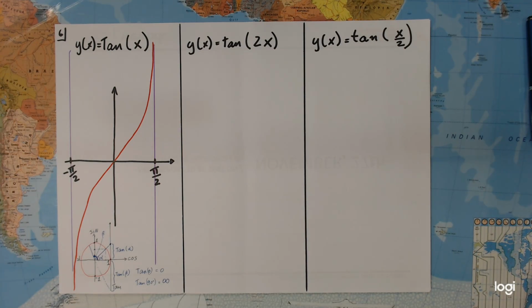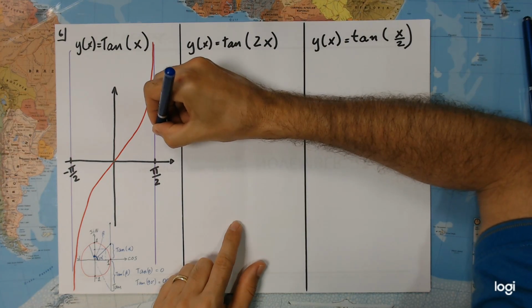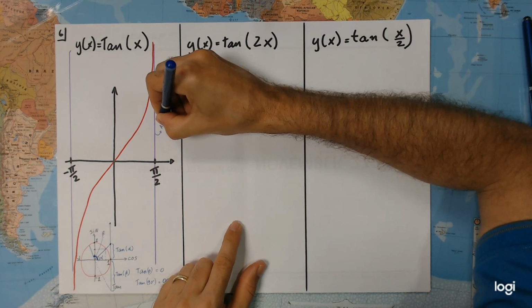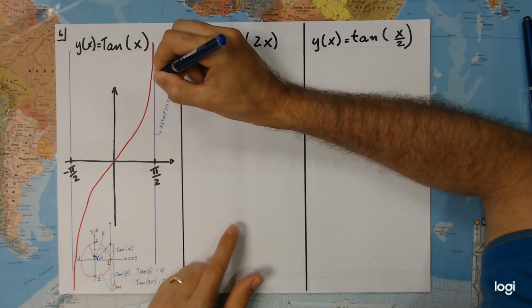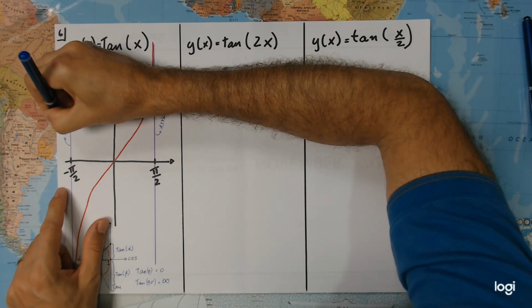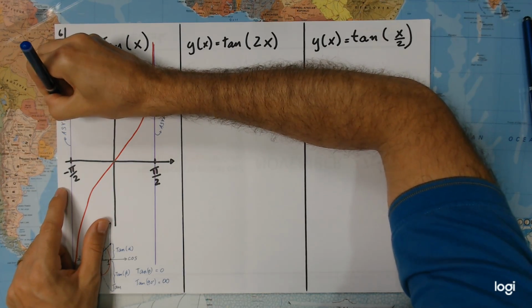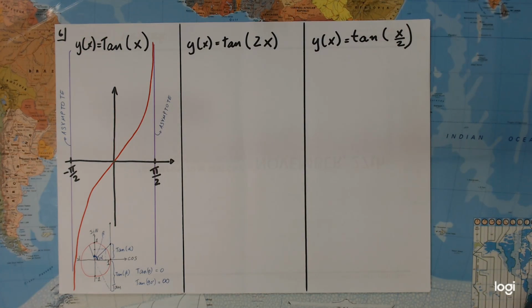We can write this asymptote, and here is another one. And this is a chart of the tangent.